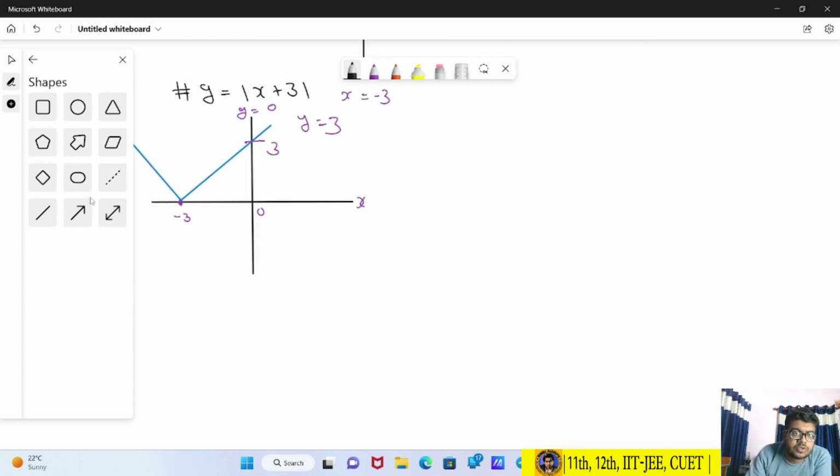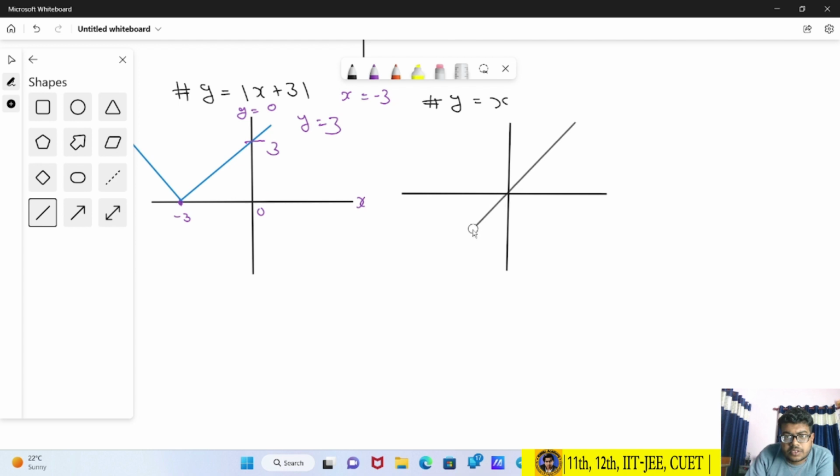Suppose we have y is equal to x. How is its graph made? These are the coordinate axes, the y-axis and the x-axis, and this is the graph of y is equal to x.